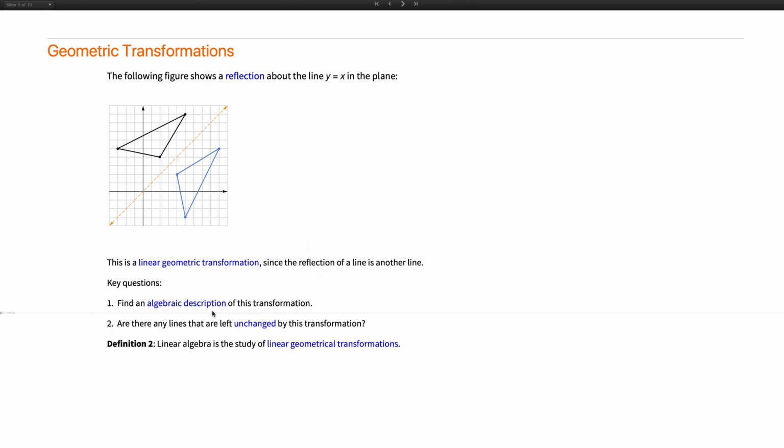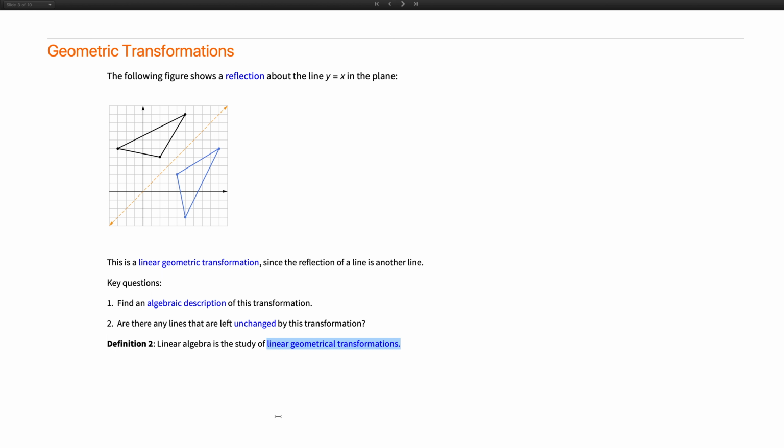Or you could ask, are there any lines that are left unchanged by the transformation? For example, over here you can see that the line y equal to x is invariant, or unchanged, for this transformation. So some people would tell you that linear algebra is the study of linear geometrical transformations.